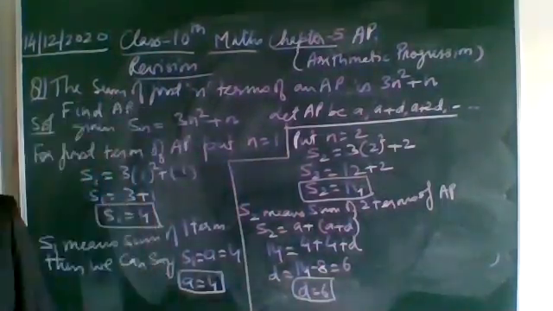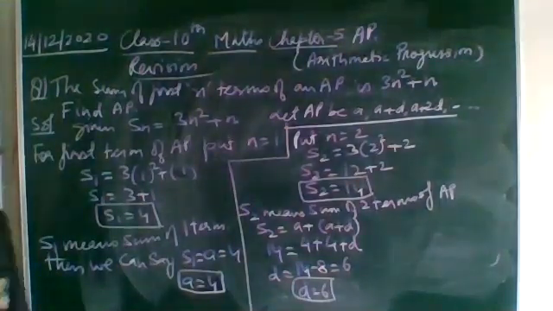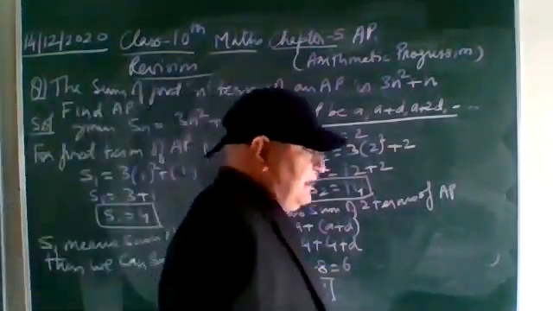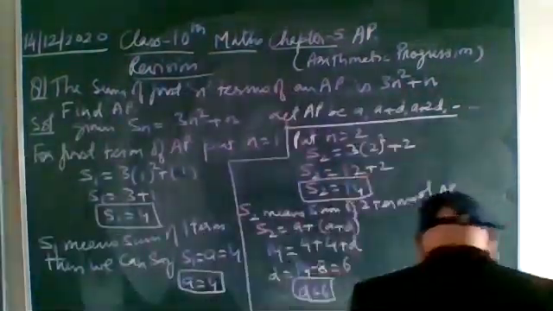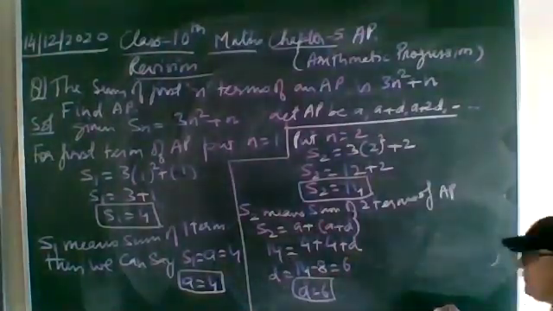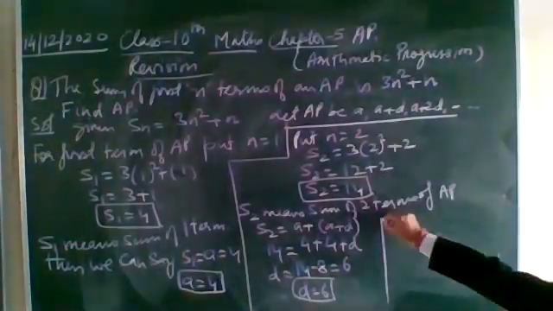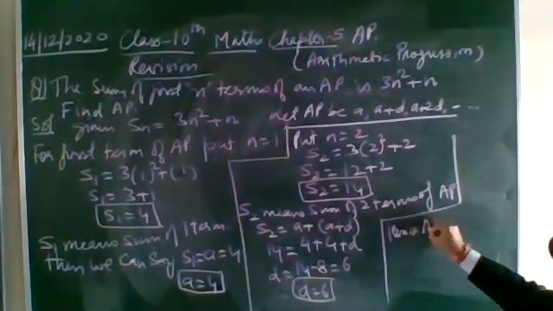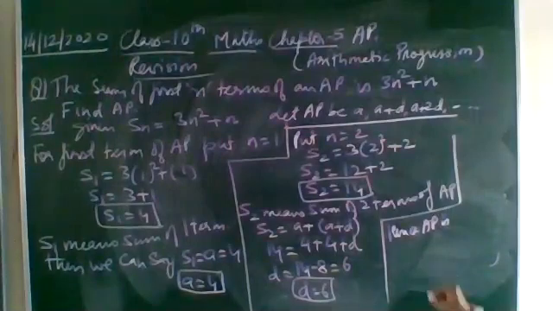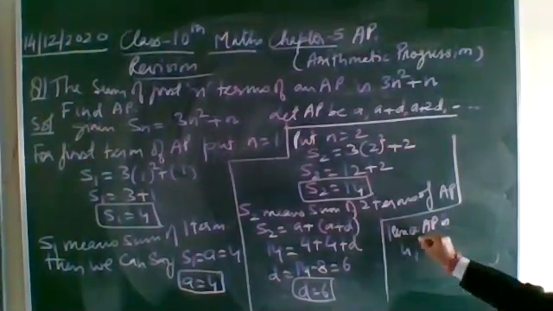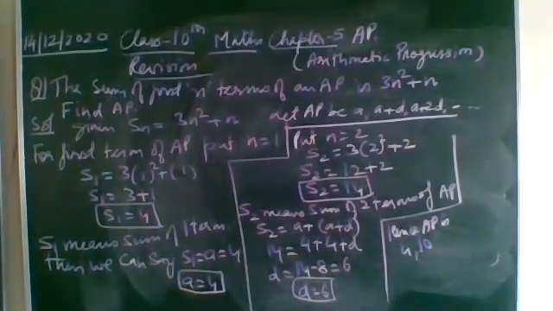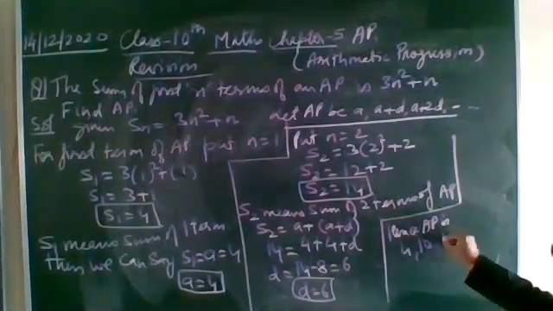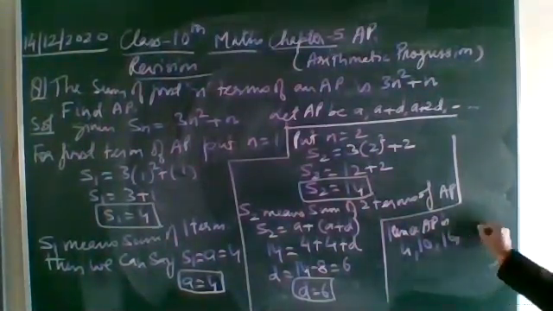After this, d equal to 6, now what will you do? You will write, hence AP is, as we have written: the first number is 4, then adding d, 4 plus 6 is 10, then 16, and so on.